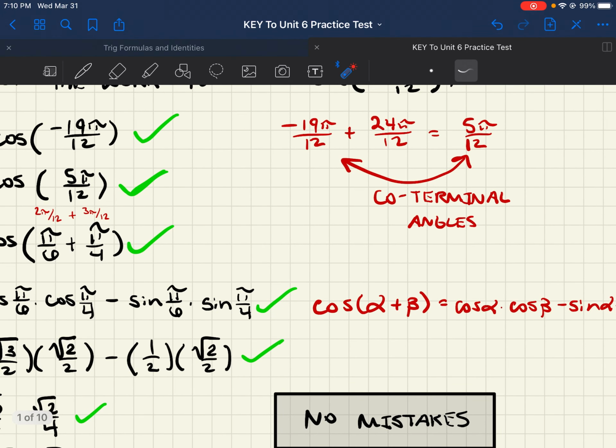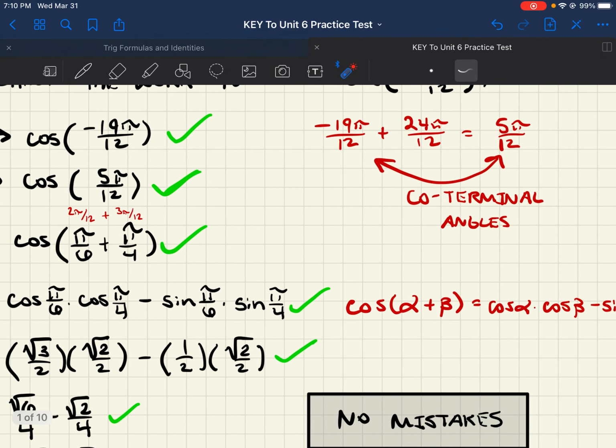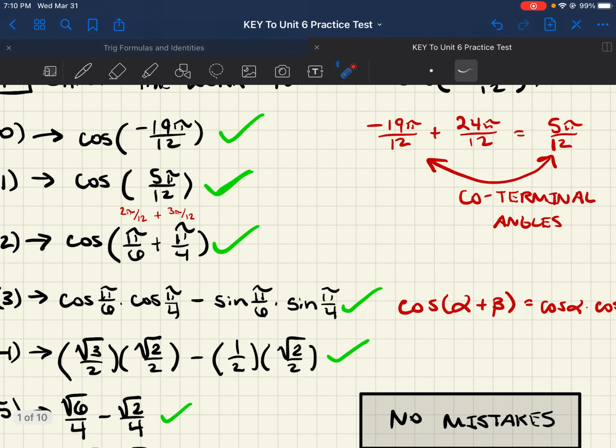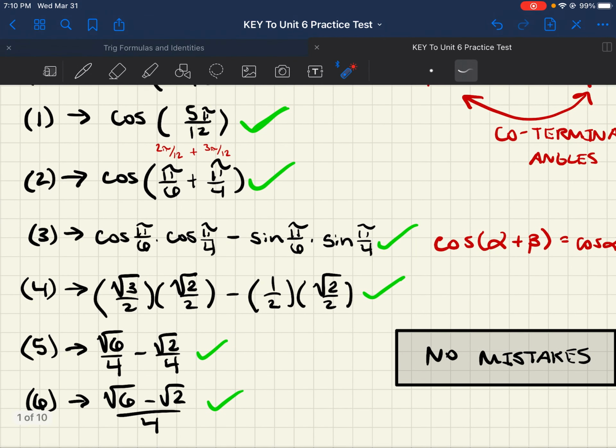For cosine, if we're adding two angles alpha and beta, then the formula says cosine alpha times cosine beta minus sine alpha times sine beta. And this student does that perfectly. We can see that alpha is pi over 6, beta is pi over 4. We have cosine pi over 6 times cosine pi over 4 minus sine pi over 6 times sine pi over 4. Set up perfectly.